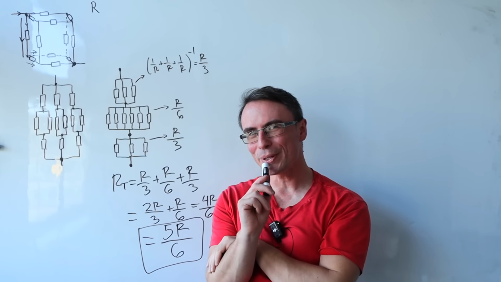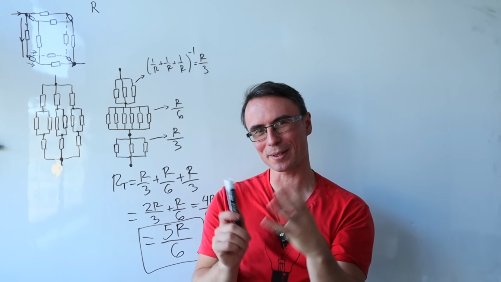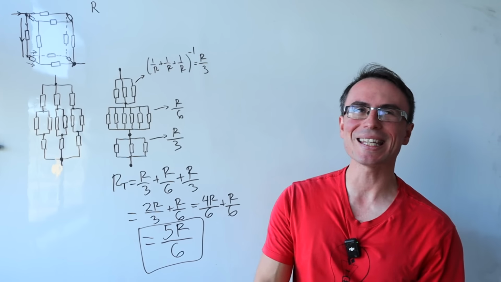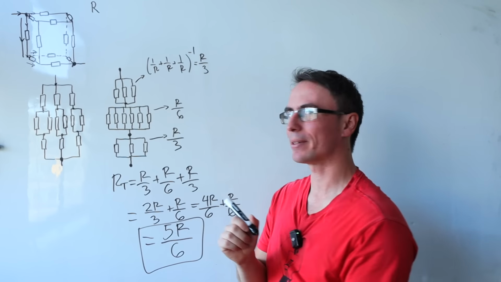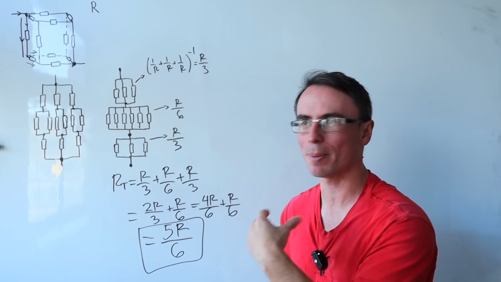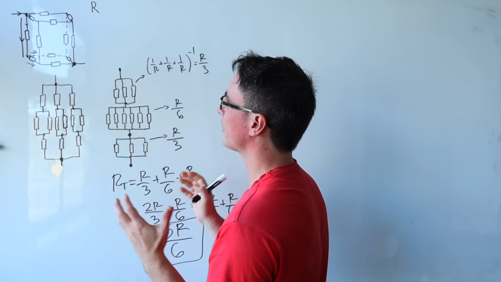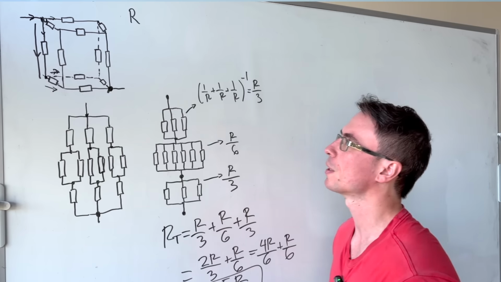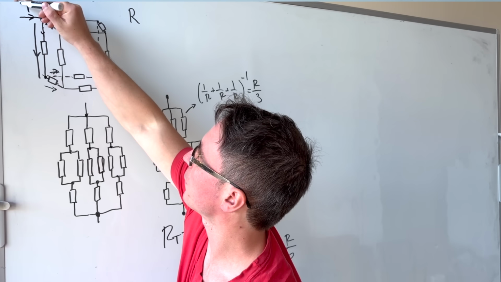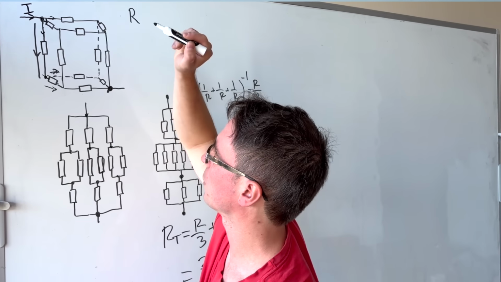Now, this is not the only way to think about this problem. If you think about this in terms of potential difference, and if you think about this in terms of current, well, initially the current is going to split into 3, right? So let's say that we had some current I that goes in.